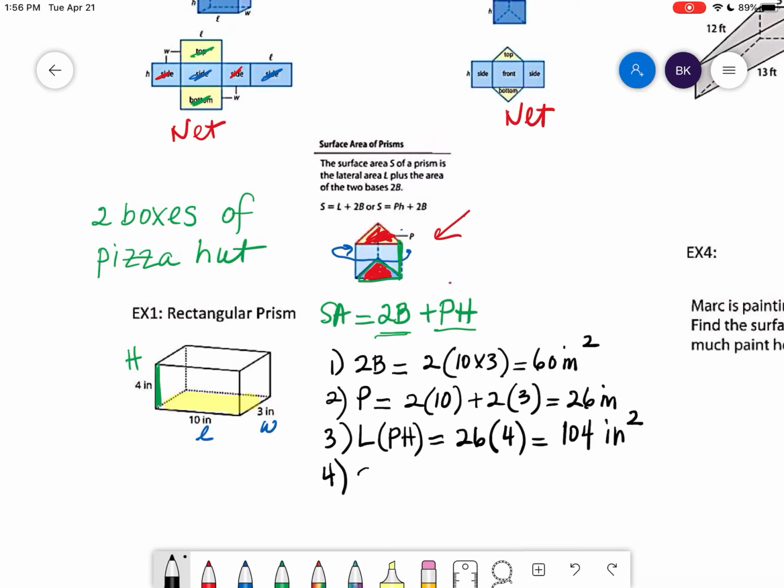Finally, our last step, we're going to find surface area of the entire prism by adding area of bases, which is 60, plus lateral area, which is Ph, which is 104 inches squared, and that should give us a total of 164 inches squared, and that should be your final answer.